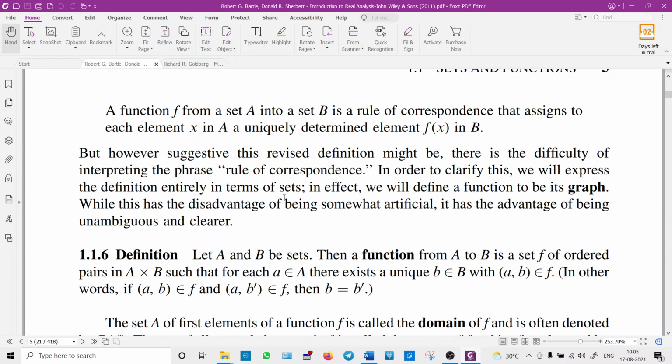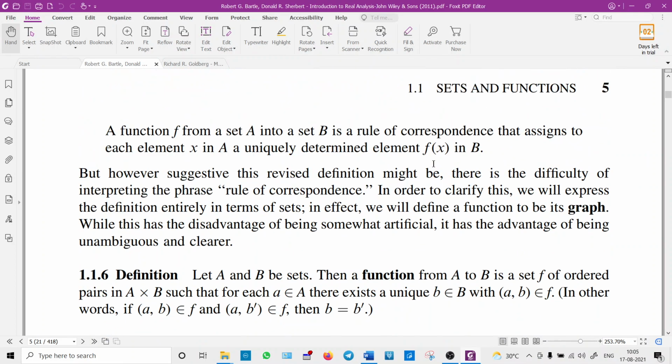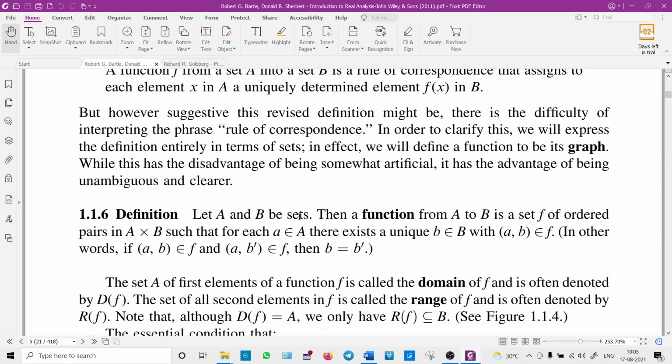Before that, what is a function? This is the main definition. You see here, it's the main definition. A function f from a set A into a set B is a rule of correspondence that assigns to each element x in A a unique element f of x in B. So this is the definition of a function, and this is another definition. Let A and B be any two sets.